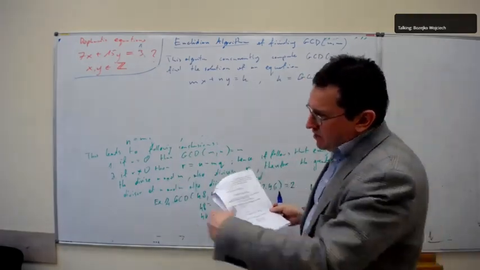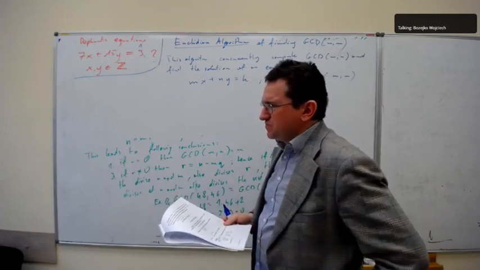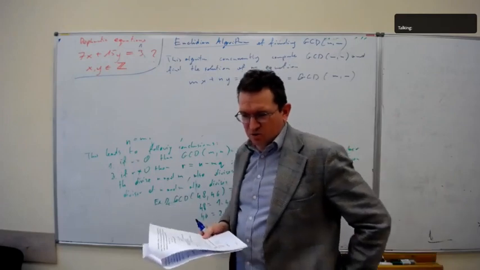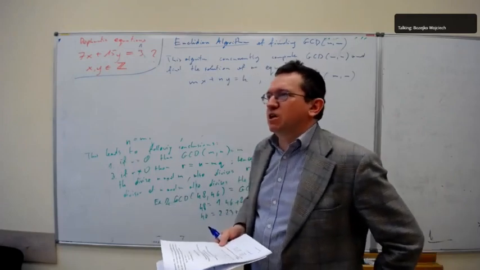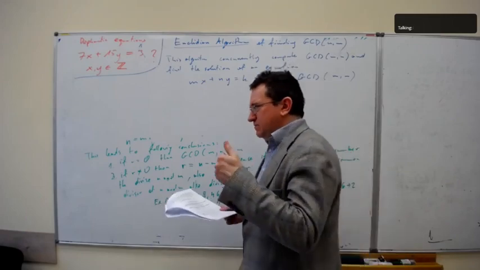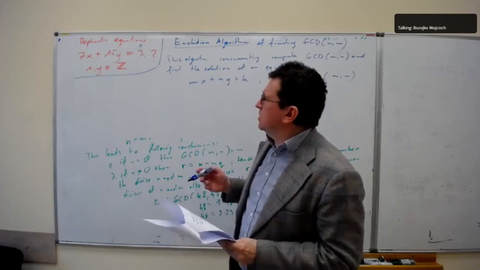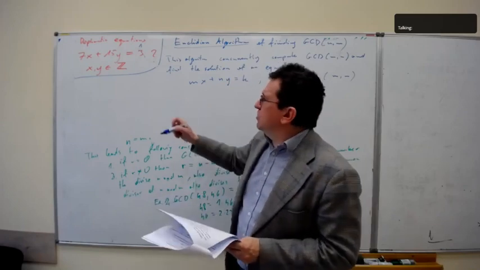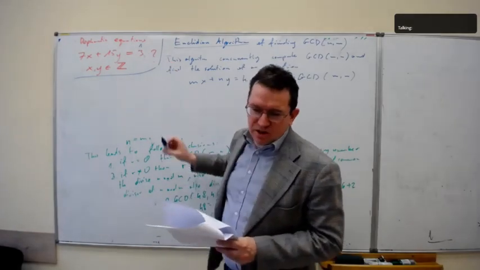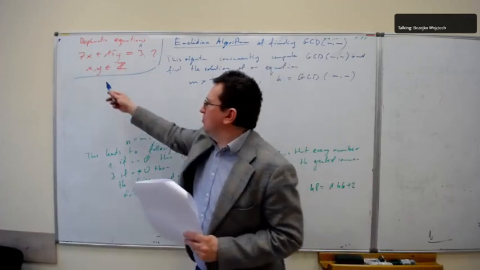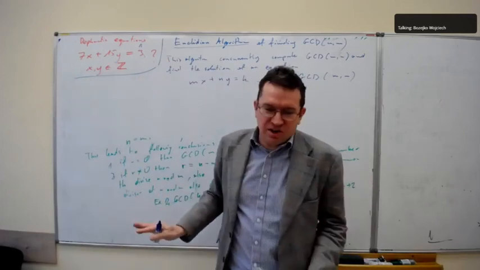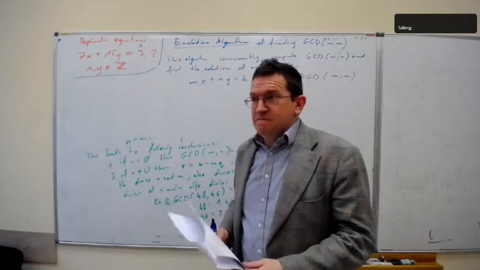In fact, following this topic, this is the only case in which we can solve a Diophantine equation. We can solve this equation if and only if the right side is a multiple of the greatest common divisor of these two numbers. In other cases, there are no solutions.